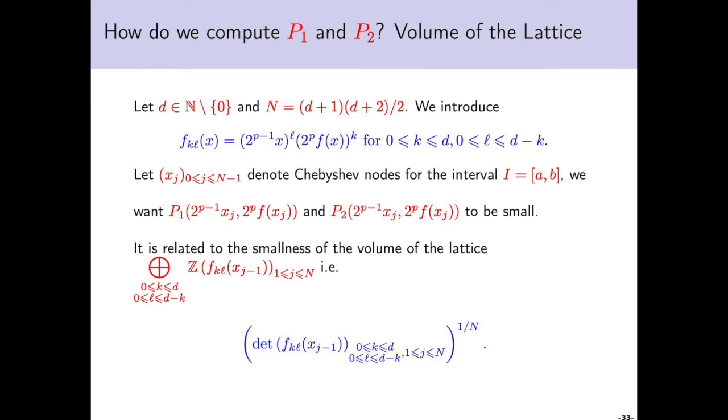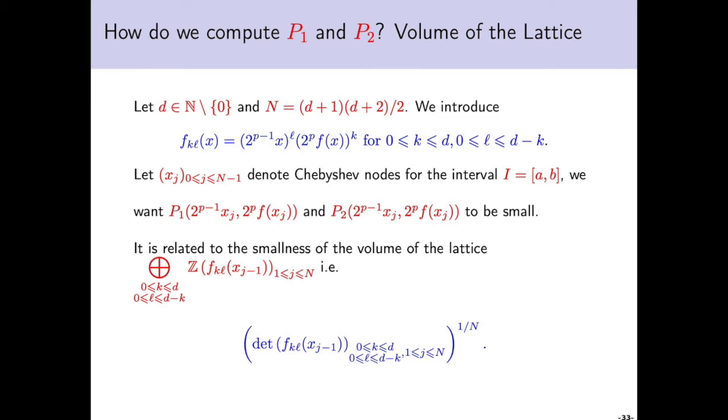Now, you ask me, are we sure that we can find P1 and P2 small enough? If you remember, when I defined LLL, I gave you two inequalities for the first two vectors. I told you B1 and B2 are small if the volume of the lattice is small.